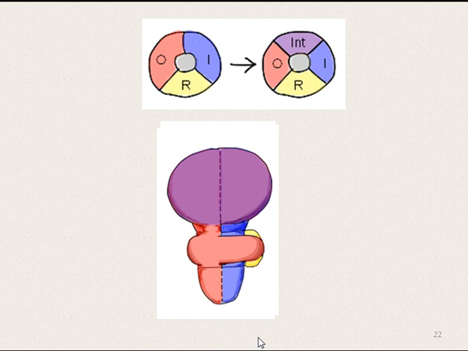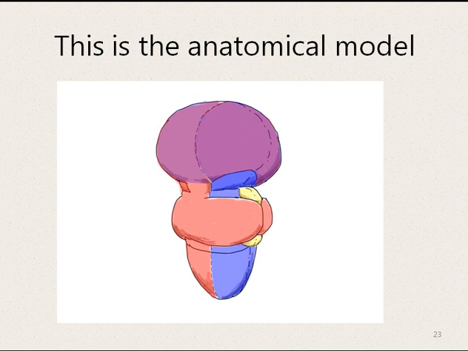Gray matter and white matter consisting of tract of every function are located in the structure of its own functional color. This is a left rear view of the anatomical model.